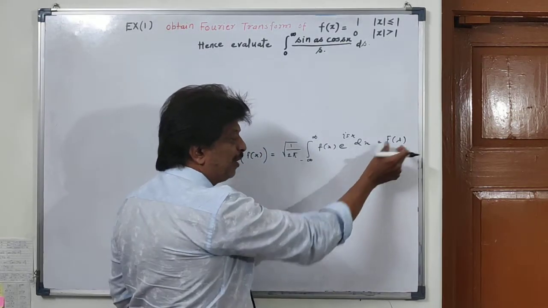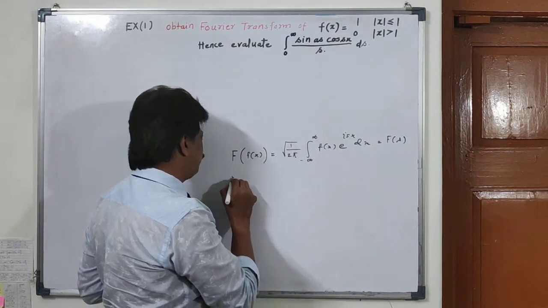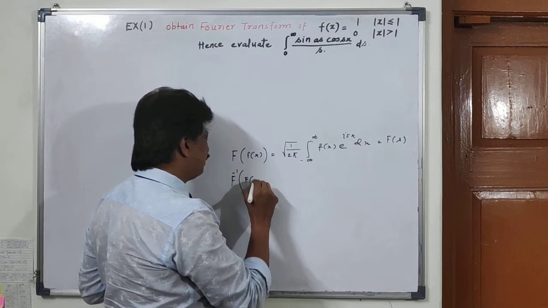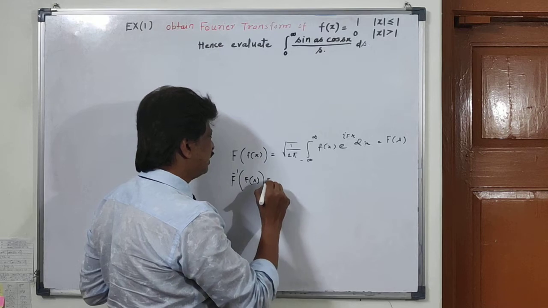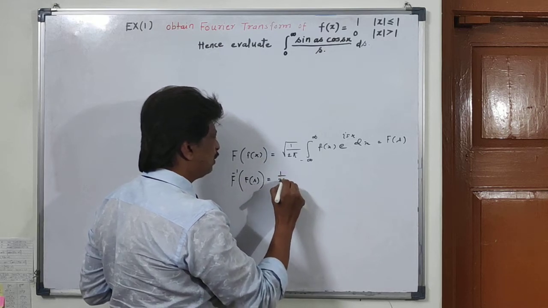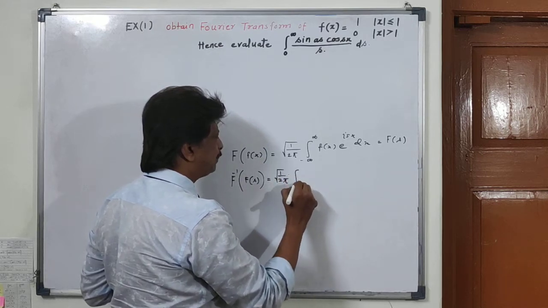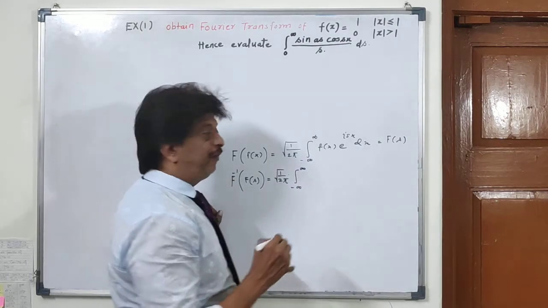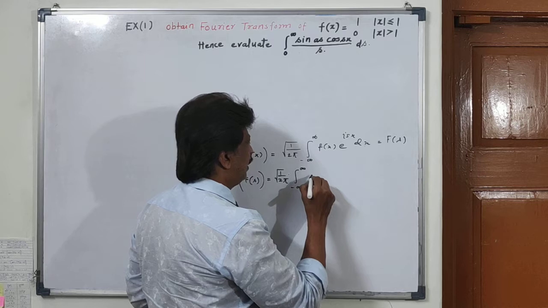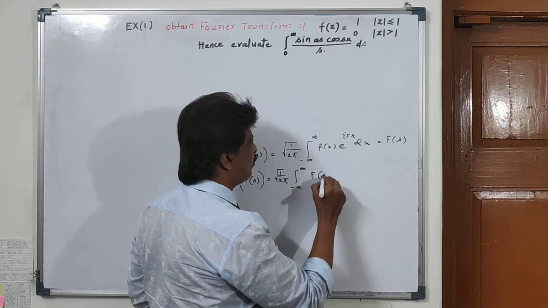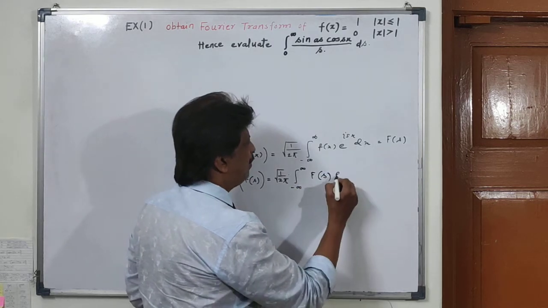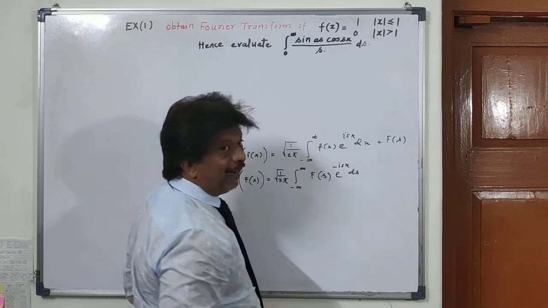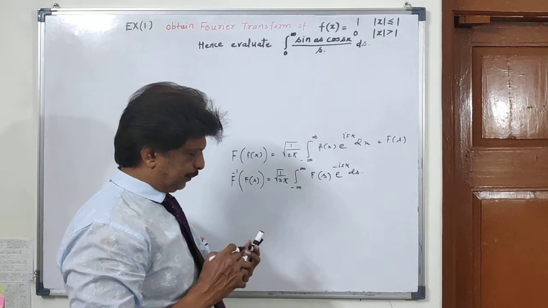Now inverse of this f of s, Fourier inverse of f of s is equal to root of 1 upon 2 pi integral minus infinity to infinity f of s, this function multiplied by e raised to power minus i s x ds.